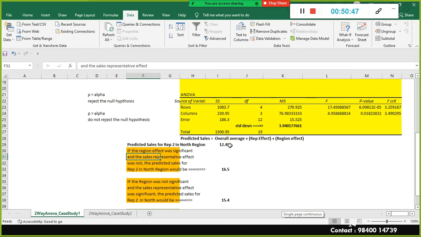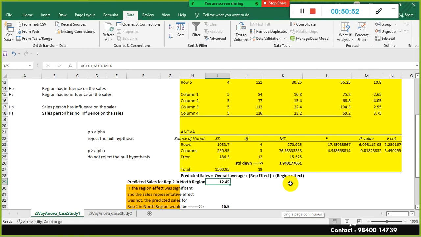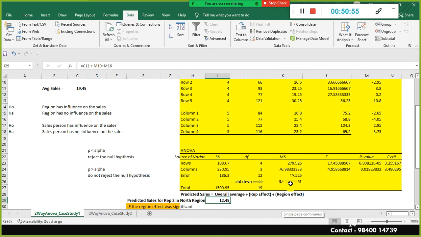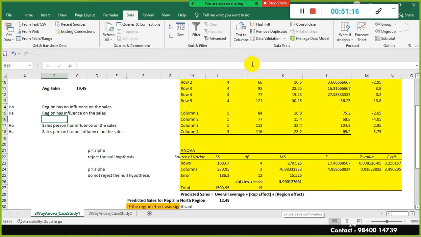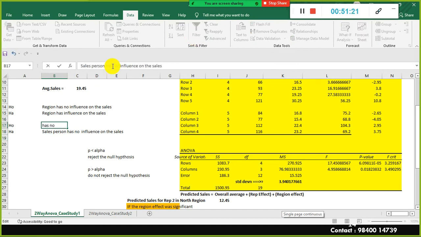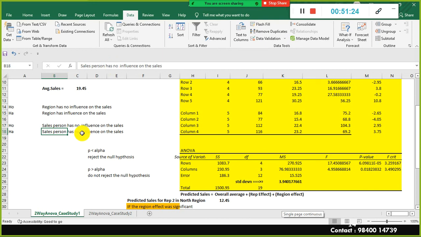Sorry, here I made a mistake. It is not that region has no influence on the sales; region has influence on the sales. Region has no influence on the sales would mean there is no point in estimating.